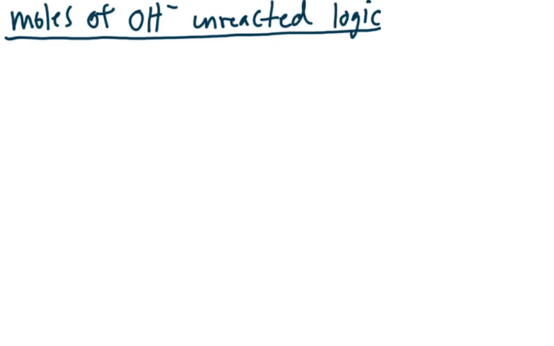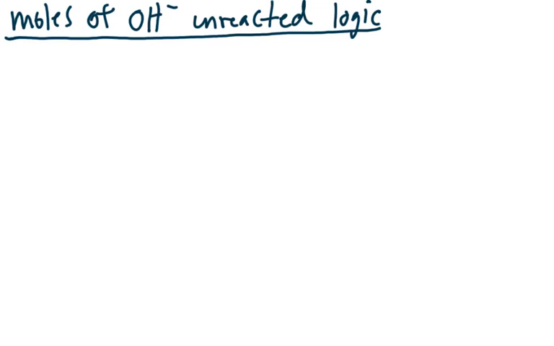So if we wanted to find the amount of moles unreacted, well, first we have to check and see, is the initial OH minus greater than the amount that we added? If so, we'll take moles of OH minus, subtract away moles of H plus added. If we've added more H plus, we don't have any moles of OH minus excess. And so then we would say, there's zero unreacted.